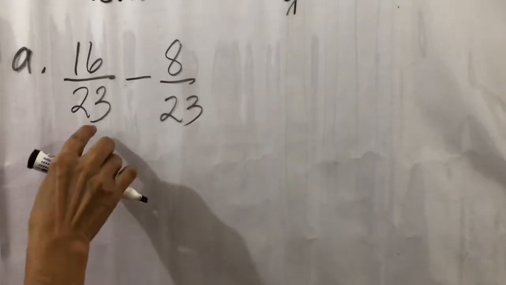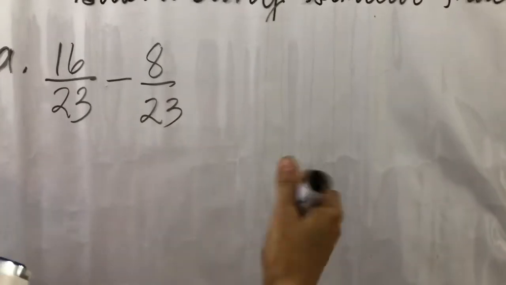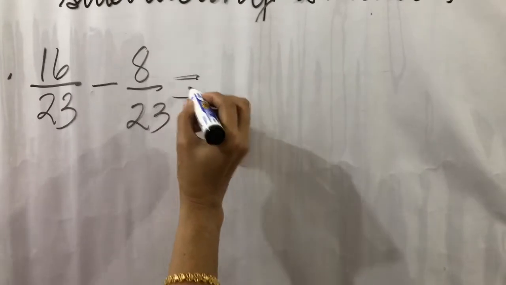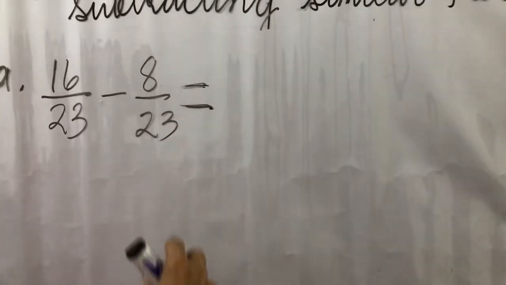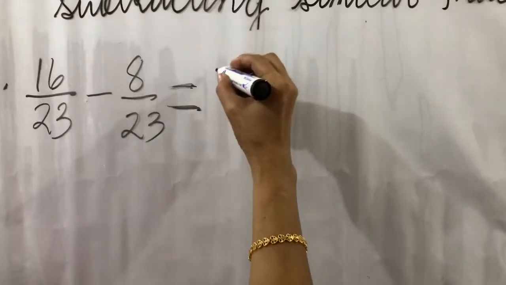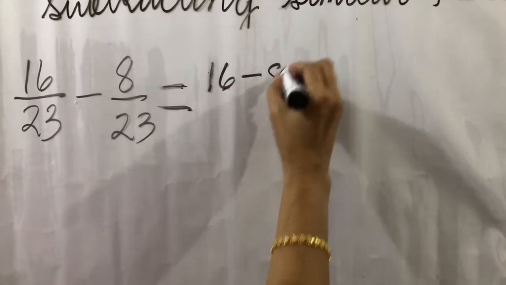So to find the difference, you write the sign equal first. These are the numerators, 16 and 8. So subtract 16 minus 8.